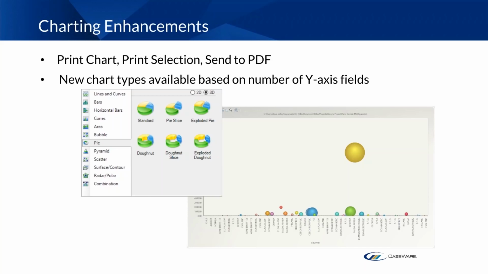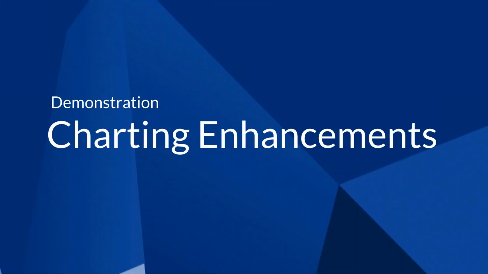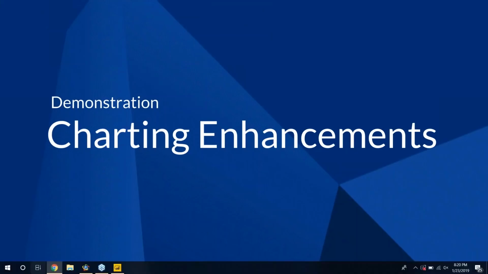And a key thing to point out is it's going to be based on the amount of data points that you select to represent your chart. So based on your x-axis and y-axis, the more that you choose on the y-axis is going to determine the different types of charts that are made available to you. So I'll go through that for you as well and show you how to generate this really cool bubble chart here.